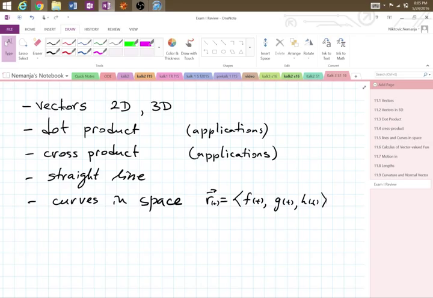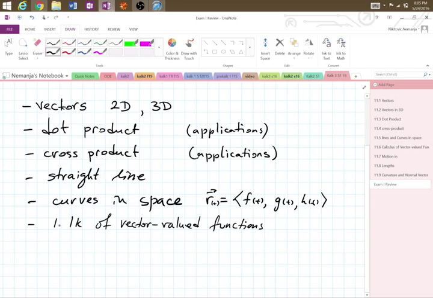Then we have calculus. So calc with K's, please don't misspell that. So calculus of vector valued functions.